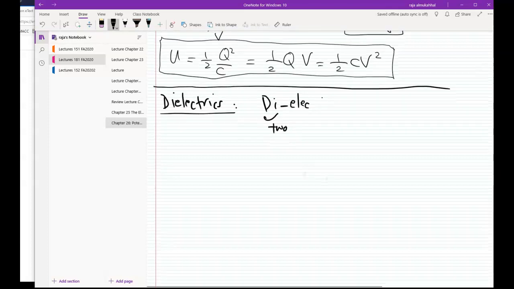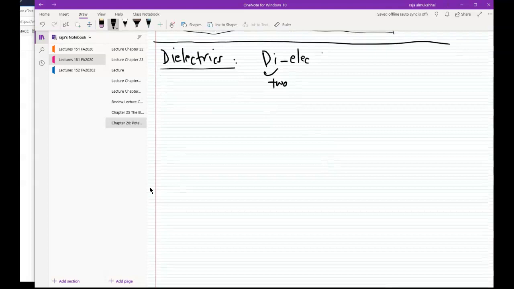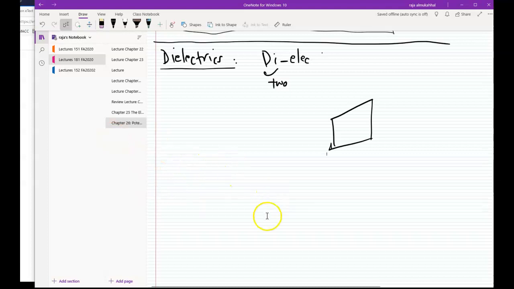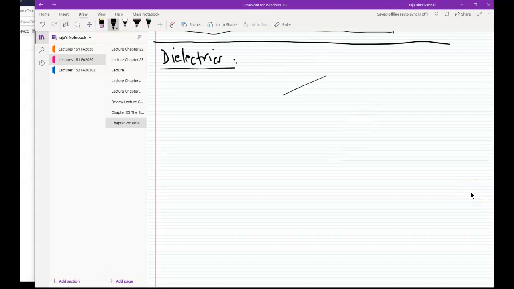Let's say, for example, I have a parallel plate capacitor. Here it is. I'm going to use a thinner ink than this one. So I have my capacitor right here.